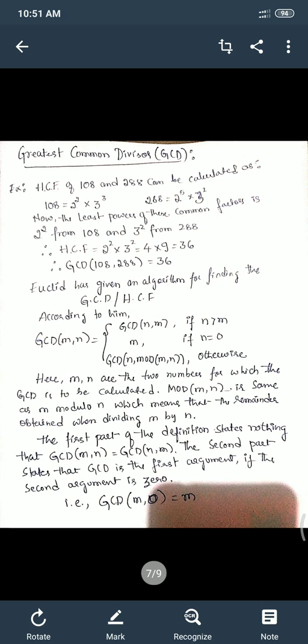Now the least powers of the common factors are 2 to the power 2 from 108 and 3 square from 288.